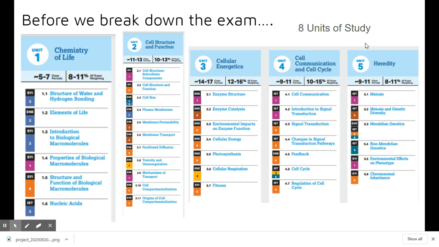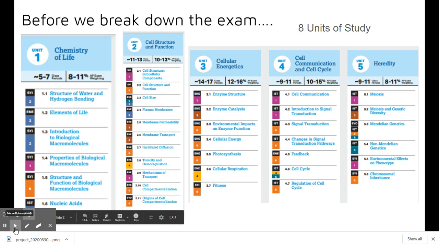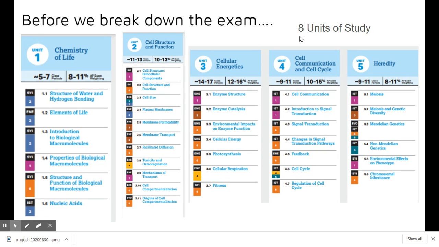Before we break down the exam, let's break down the course overall. There are 8 units of study in this course, and they vary in terms of what percentage of the exam they make up.